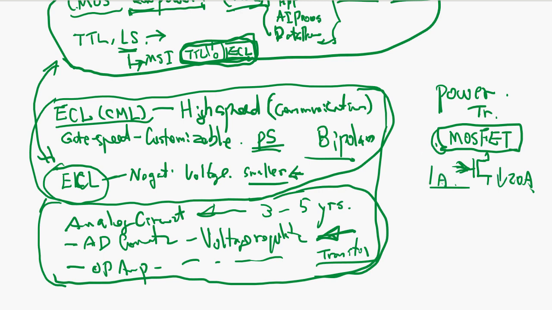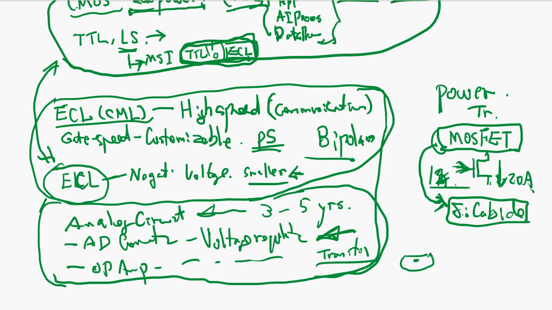But these days, silicon carbide. The silicon carbide is not really silicon. It's not made by diffusion. It's from crystal level. When you make a silicon crystal, you melt it in a pot and pull it out, right?